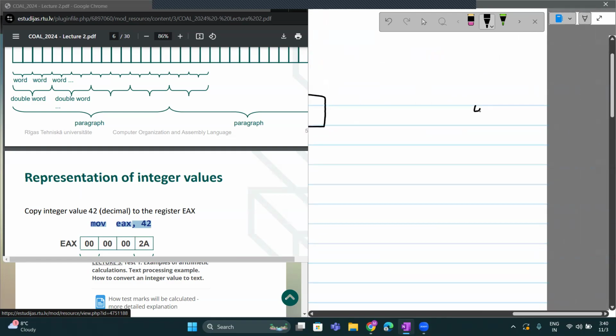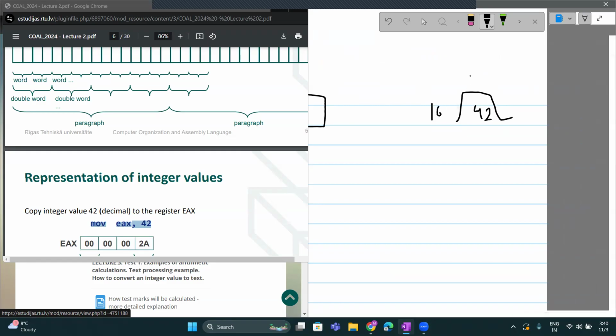42, first of all, let's convert it to hexadecimal. So divide by 16 goes twice, 32. 10 is the remainder. So if we want to represent it, it will be 2 times 16 power 1 plus 10 times 16 power 0.